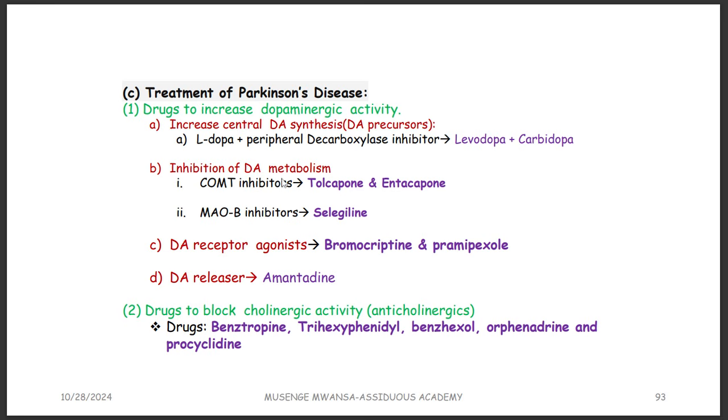Those which inhibit dopamine metabolism, COMT inhibitors like tolcapone and entacapone, MAO-B inhibitors like selegiline and rasagiline, dopamine receptor agonists like bromocriptine, pramipexole, pergolide, and the dopamine releaser amantadine. You can also have those which work on acetylcholine, benzotropine, trihexyphenidyl. These are the main ones.